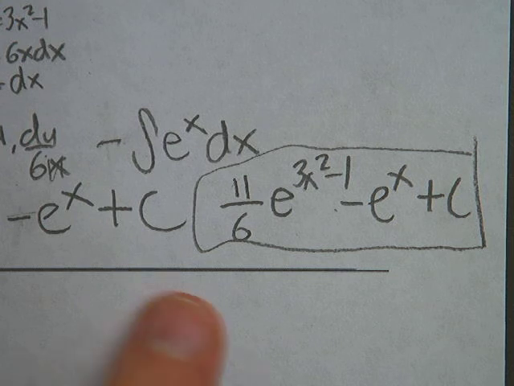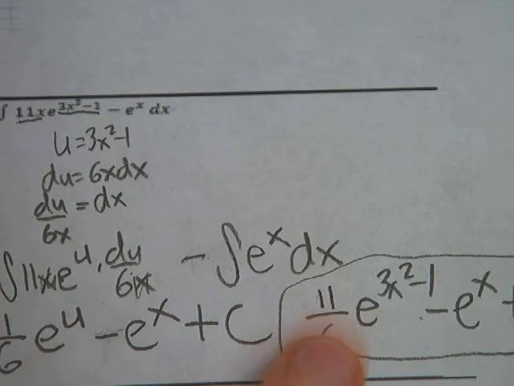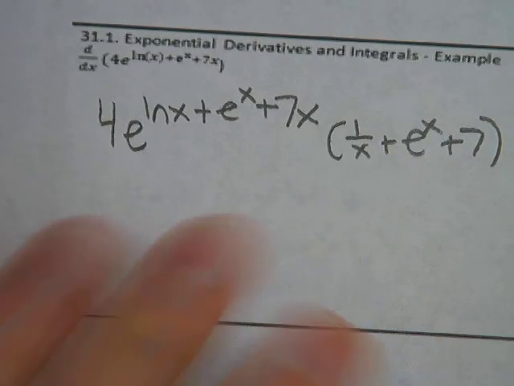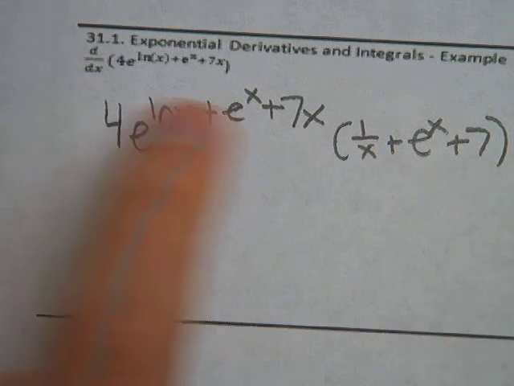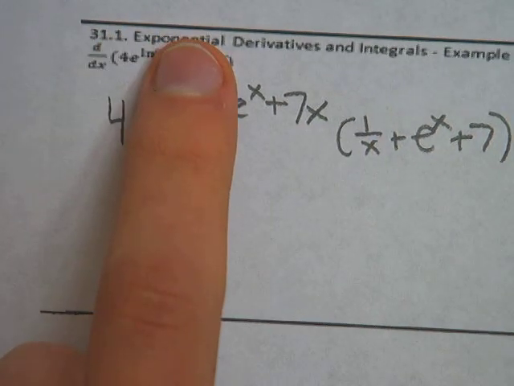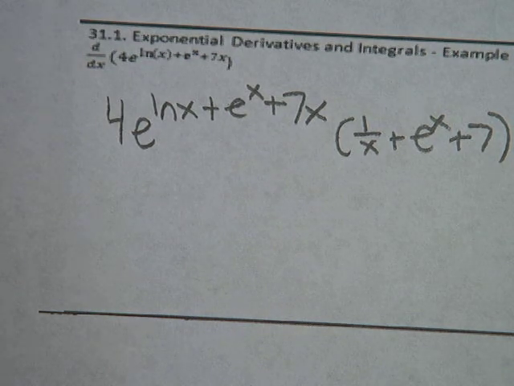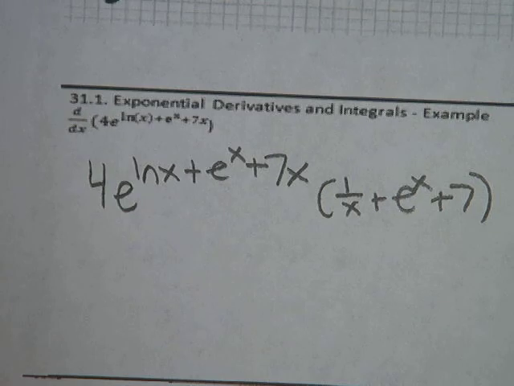The only thing that changes is the coefficients. So here we had 11/6, here we had 11x. Over here, we have our chain rule part now. The exponential hasn't changed, we just rewrote it. But now we have different guys on the outside. And that's it for exponential functions. These are very friendly.